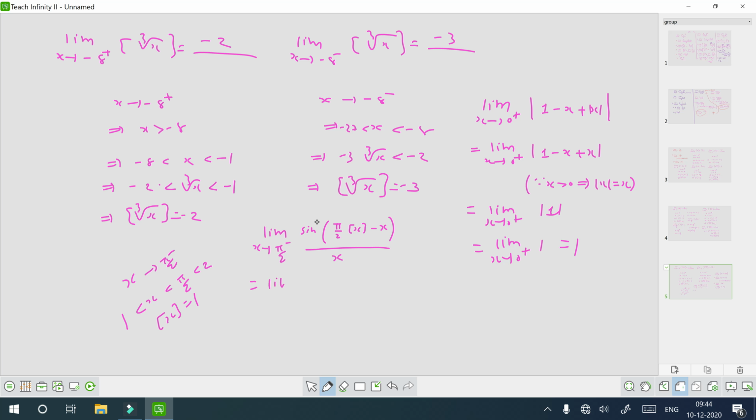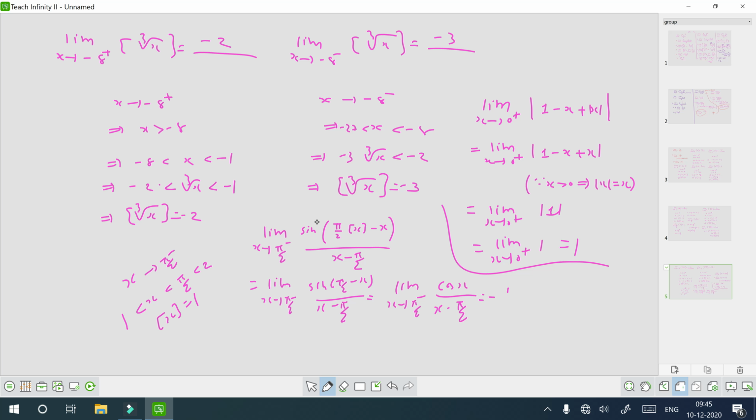So that is equal to limit x tends to pi by 2 minus, here x minus pi by 2, sorry. So what do you get? Sin of pi by 2 minus x over x minus pi by 2. So that is equal to what? Limit x tends to pi by 2 minus, here you get cos x over x minus pi by 2.